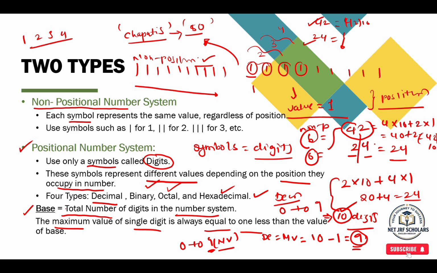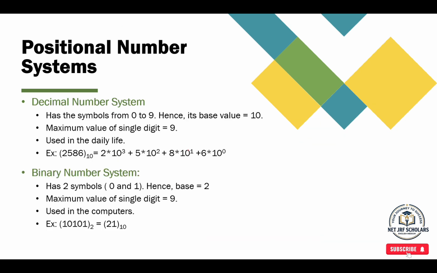Now we will look at the positional number system types one by one. First, we will start with decimal. The decimal number system has the symbols from 0 to 9. It means 0, 1, 2, 3, 4, 5, 6, 7, 8, 9.